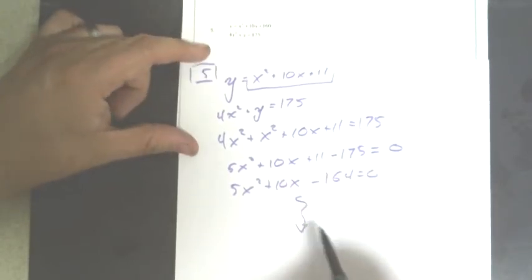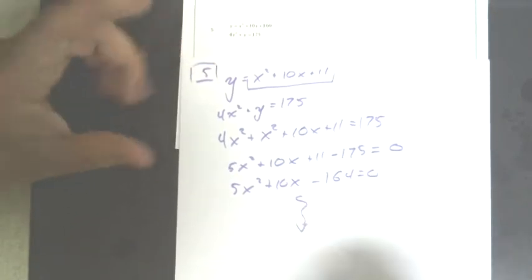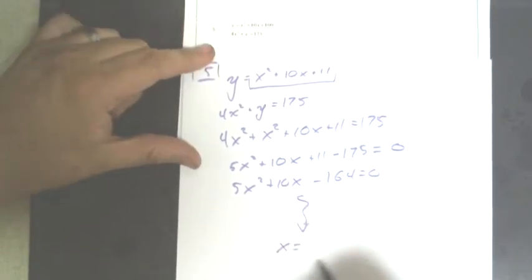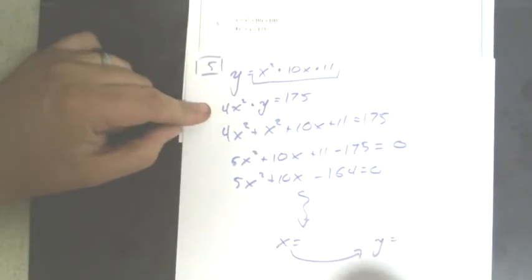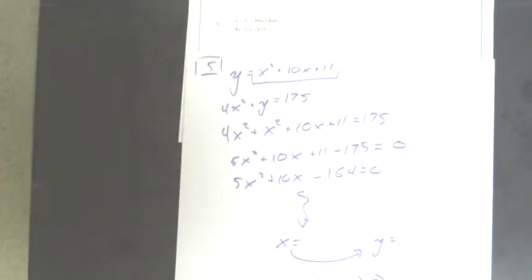And then solve that. Factor it if you can, quadratic formula. If not, you'll get x equals, plug those x values back into either of those to find y. So you'll get some ordered pairs. It's exactly the same process. You guys can do that.